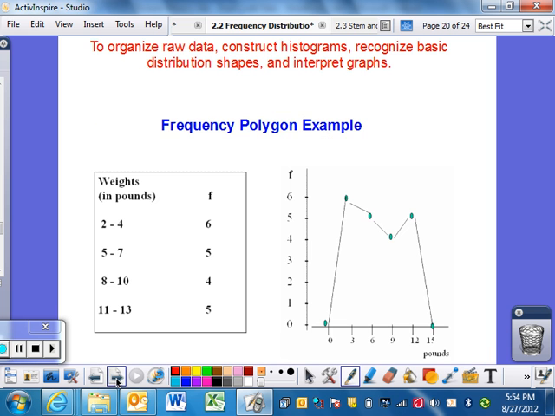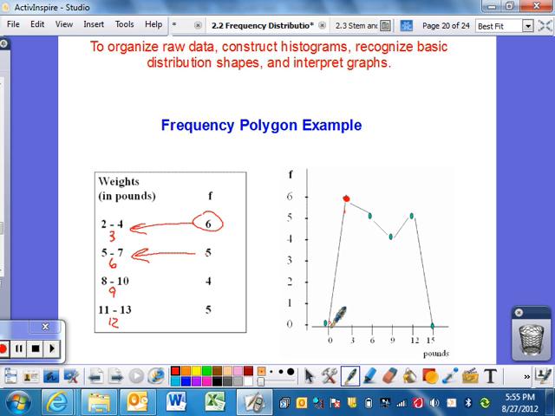So here's an example, totally different from the mile or distance one. The reason I chose it is that it's really easy. What's the midpoint between 2 and 4? 3. The midpoint of 5 and 7 is 6, then 9, and 12. Those are where the dots are. At 3, there's a dot, which is the frequency in that class. The dot at 6 is the frequency in that class, and so on.